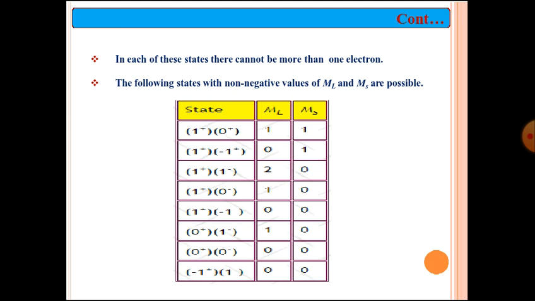Again I will read this. 1 positive, 1 positive, 0 negative, 1 0. 1 positive, minus 1 negative, 0 0. 0 positive, 1 minus 1, 0. 0 positive, 0 minus, 0 0. Minus 1 positive, 1 negative, 0 0.